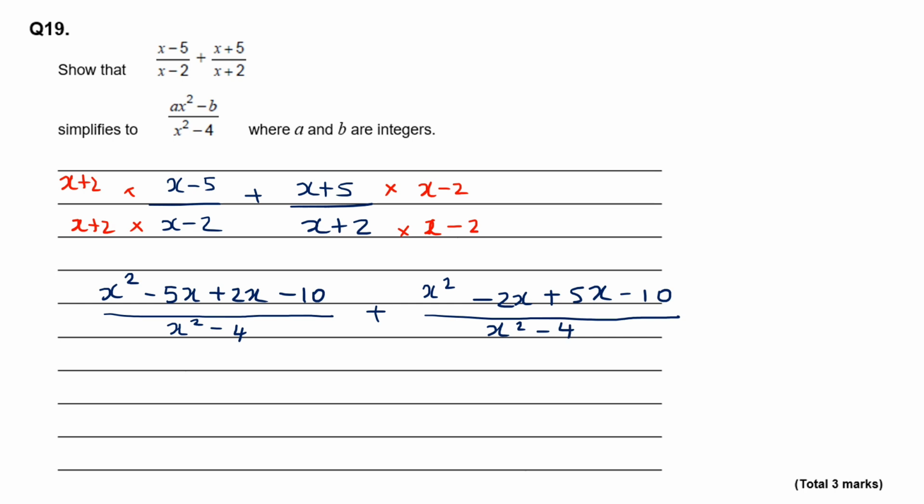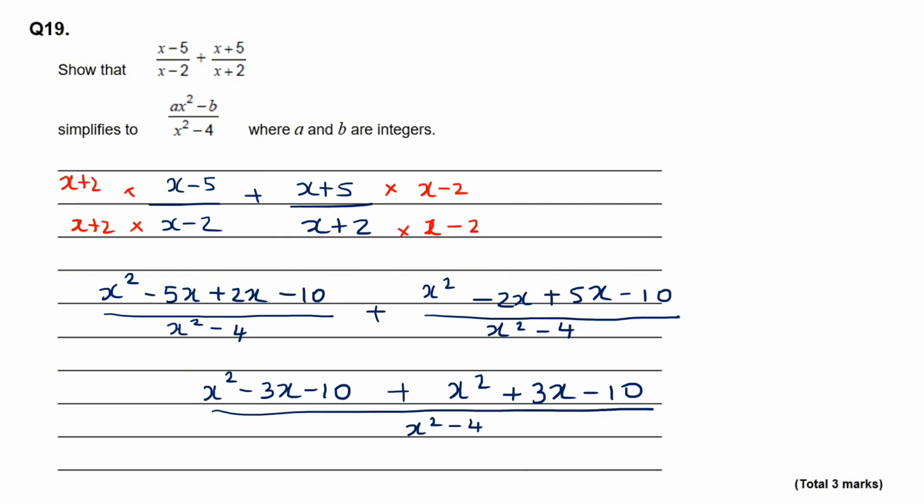So collecting the like terms is going to give us x squared minus 3x minus 10 plus x squared plus 3x minus 10 out of x squared minus 4. The 3x's will cancel out because this is a negative, this is a positive. And in the end, it's going to give me 2x squared minus 20 out of x squared minus 4. And that will be my answer.